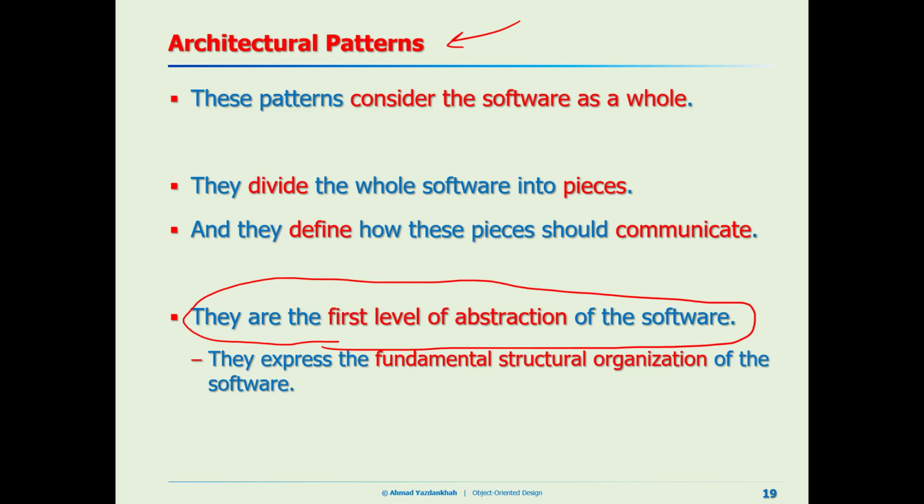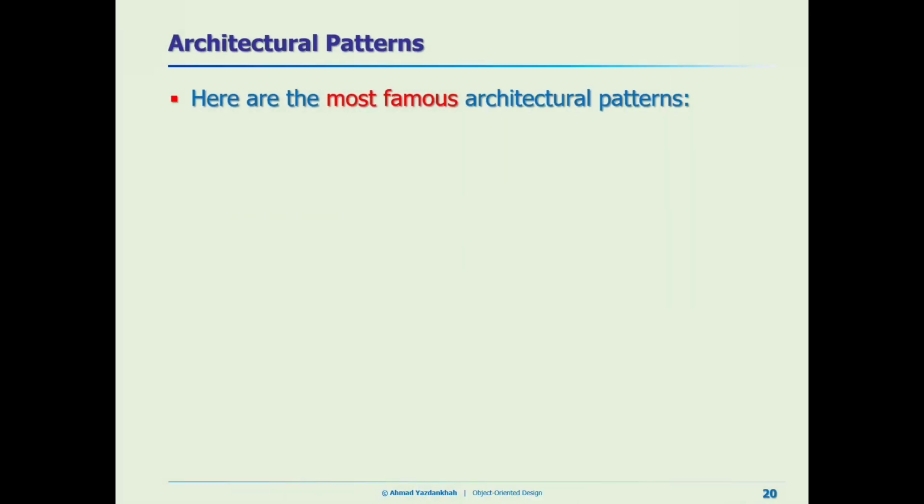So first, let me introduce some of the most important ones. Architectural pattern is a general concept. So we have several architectural patterns, and I am just going to introduce a couple of them.